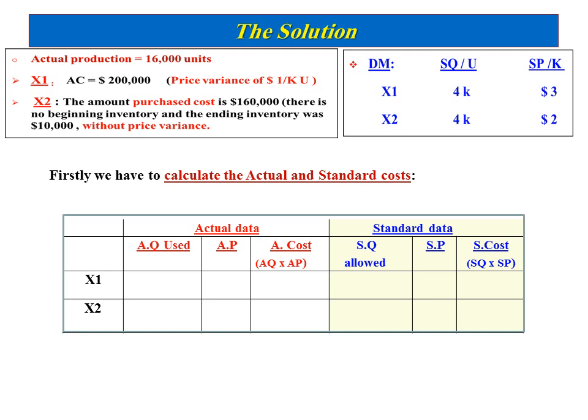Here I have two kinds of material, X1 and X2. I will calculate the actual and the standard for both of them. Using my information at the top of this slide, in my left hand I have actual and in my right hand I have standard.